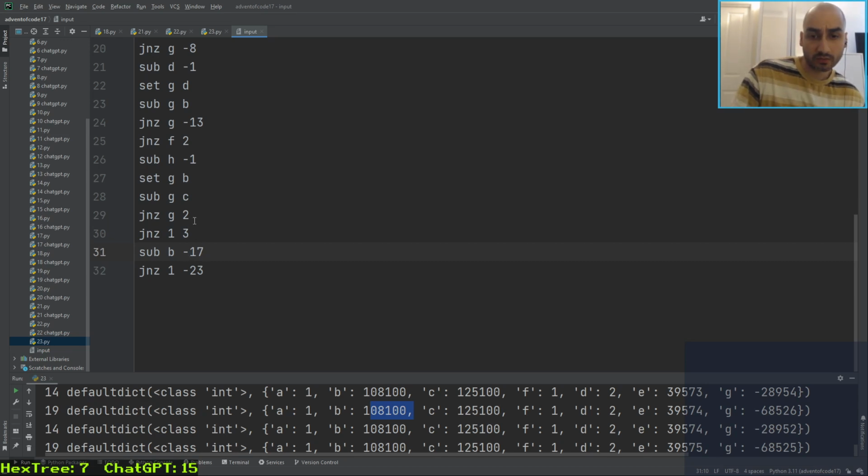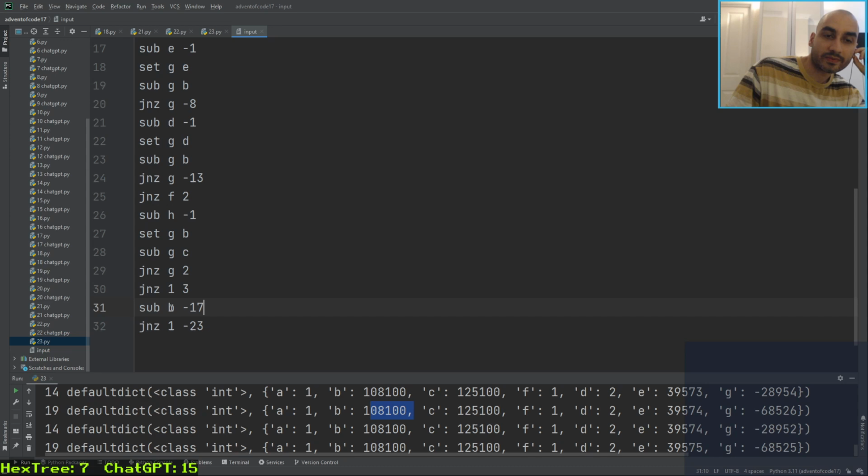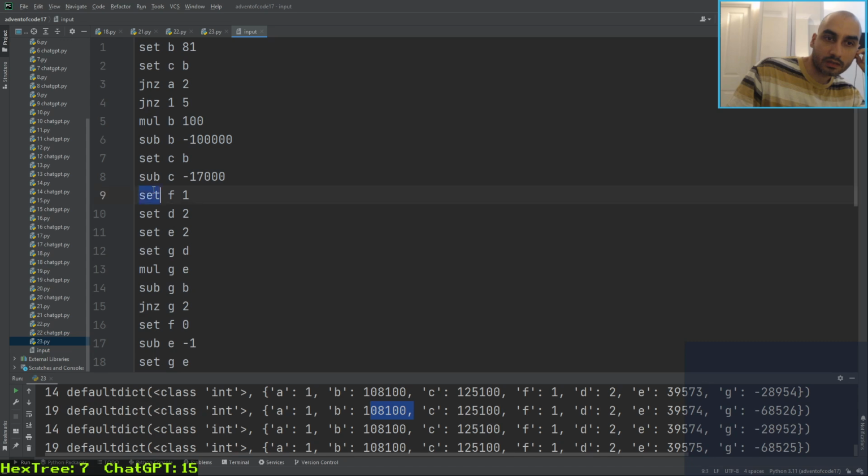B can never go down, it can only go up. So we add 17, and then we go back 23, so we end up here, and then we do all this again with the new value of B. So when will anything interesting happen?